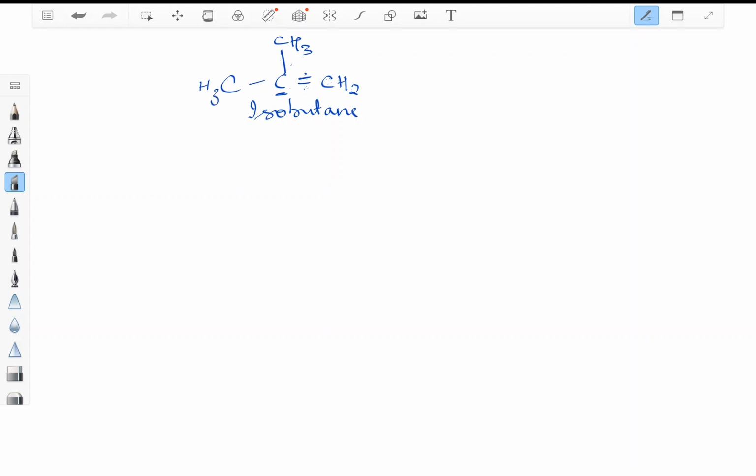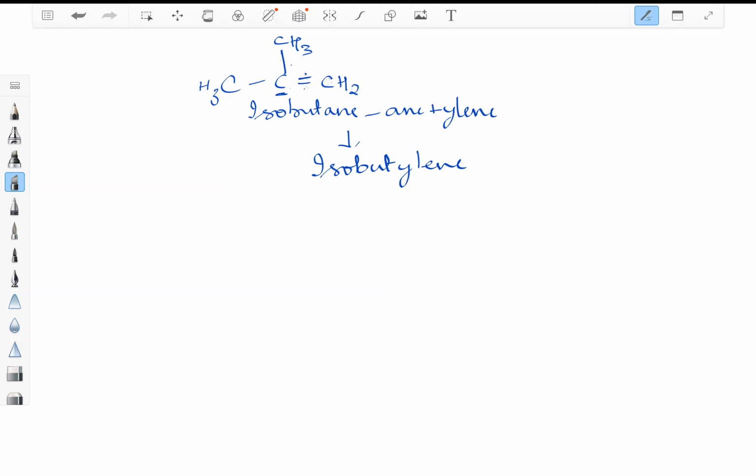Because it is now an alkene, I need to remove ANE and add YLENE. So now the name is isobut, ANE is removed, what is added? YLENE. Isobutylene.